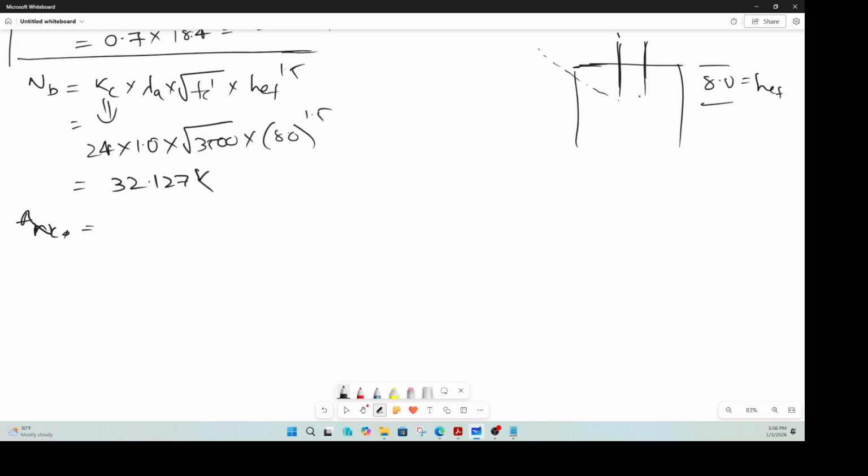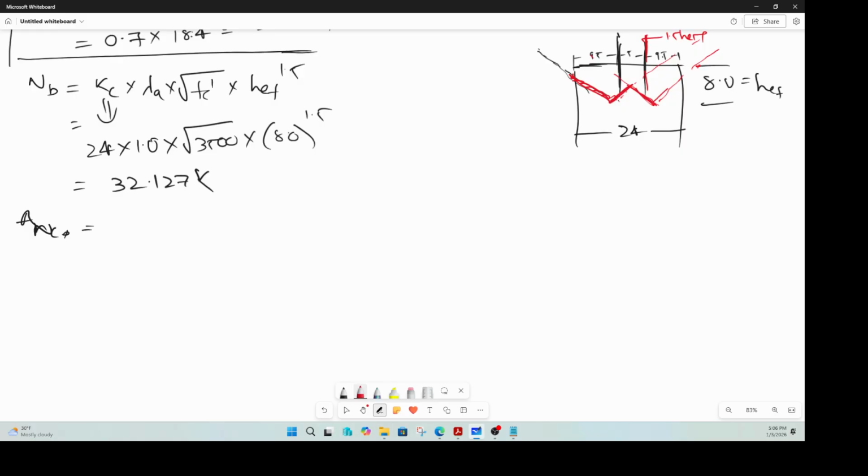So 1.5 times hef, embedment is 8, so 12, but then the distance from here to here was only 9.5, 5, and 9.5, right? Because this whole thing is 24. Whereas the cone at 1.5 hef from the center line is like 12. So that means this is the failure surface, and that failure surface will go like that, and this fellow's failure surface will be like this, right? And he is going to cut somewhere here because that will be 1.5 hef from this side, right?